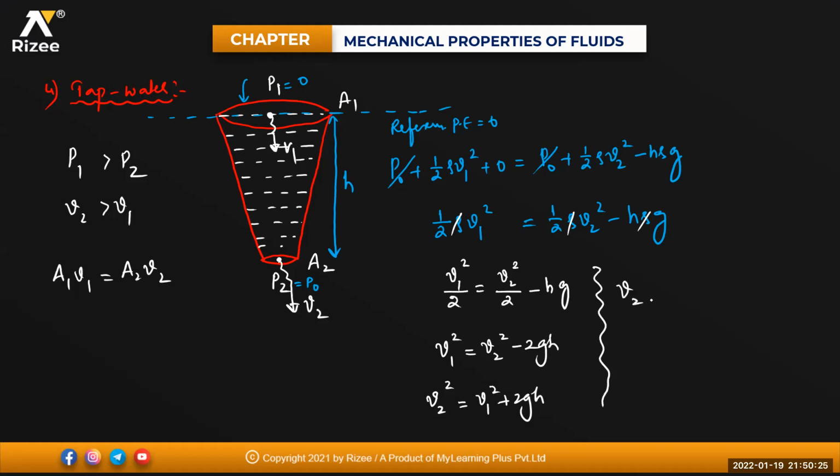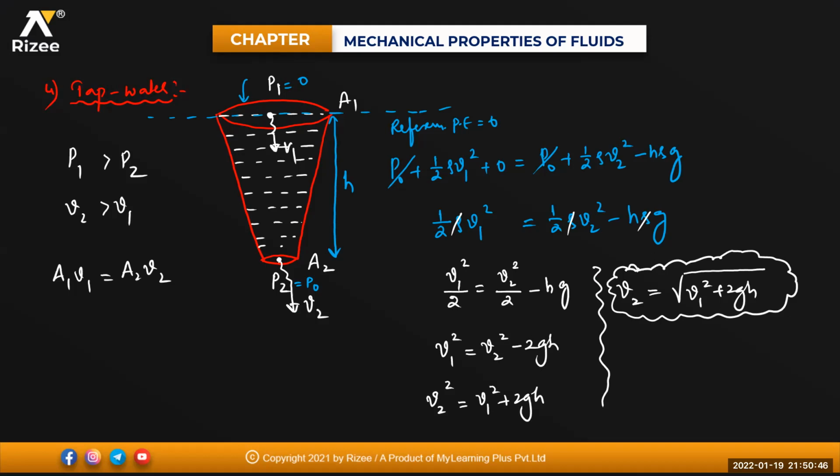That means V2 will be equal to under root of V1 square plus 2G into H. So the velocity of the liquid coming out at the point P2 is given by the formula V2 is equal to under root of V1 square plus 2G into H.